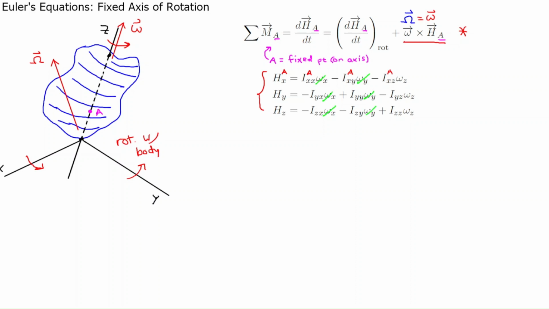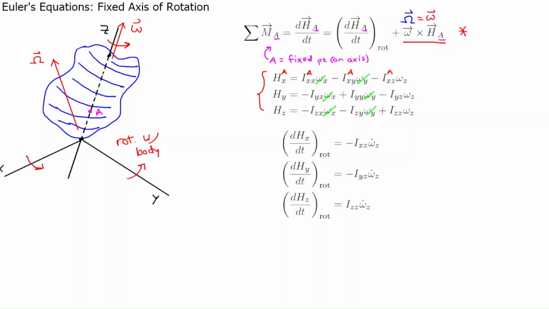So we have a much simplified version of those angular momentum components. That means we're also going to have a different or simplified version of the derivatives of those and the cross product. So here we have the components of the angular momentum in the rotating frame.